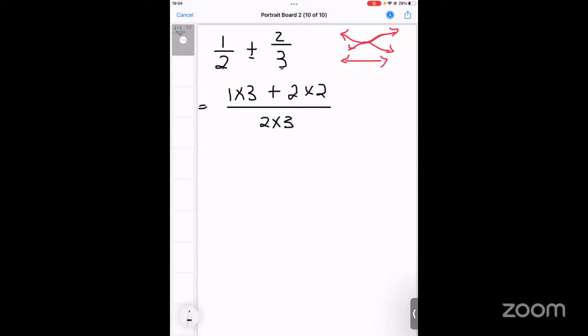Can you guys see what I'm writing there is clear and straightforward? Now, because we only have numbers, you say 1 times 3, that is 3. The sign is a plus, 2 times 2 is 4. You divide by 2 times 3, which is 6. 3 plus 4 is 7 over 6.